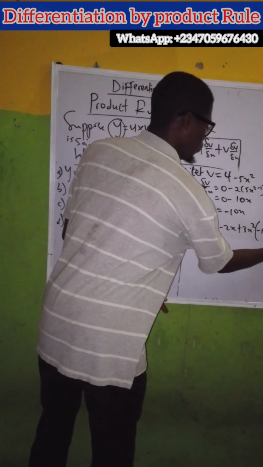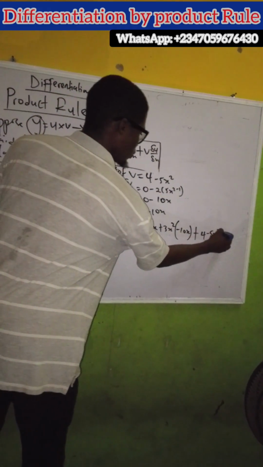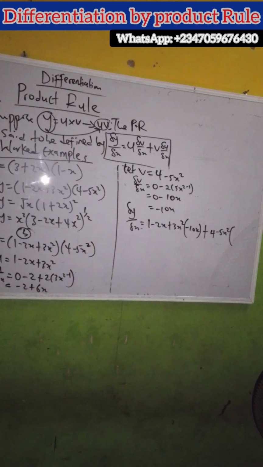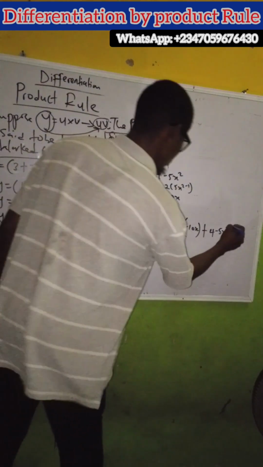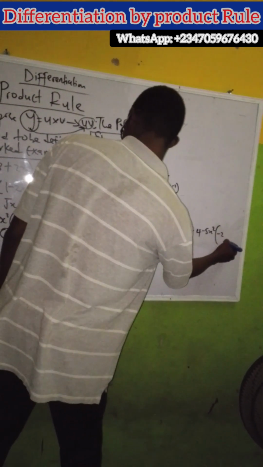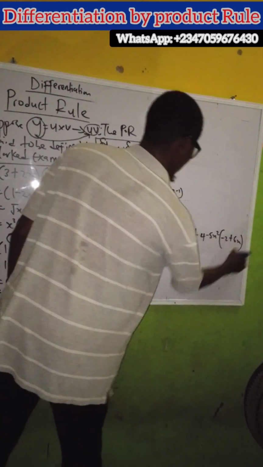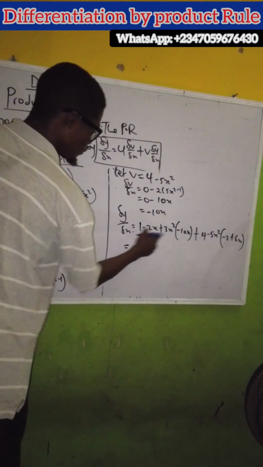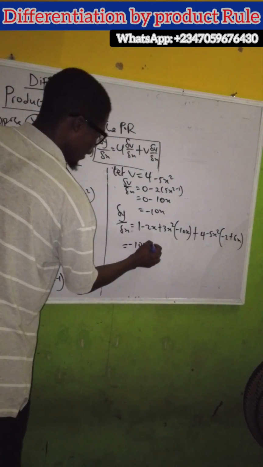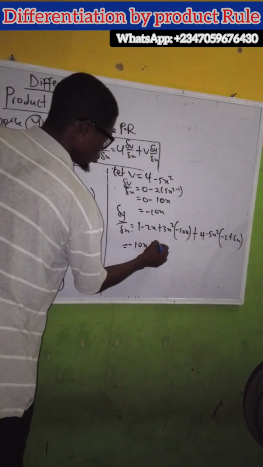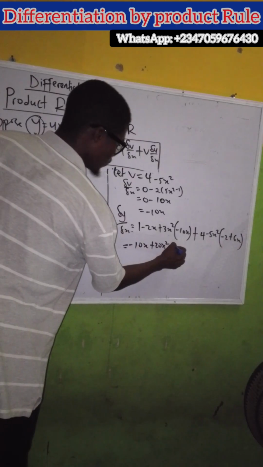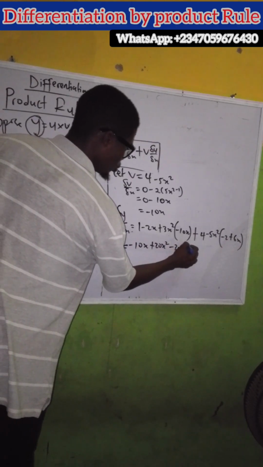Our v is 4 minus 5x squared into our du over dx, which is minus 2 plus 6x. Alright, so we can expand. So we have minus 10x plus 20x squared and minus 30x cubed.